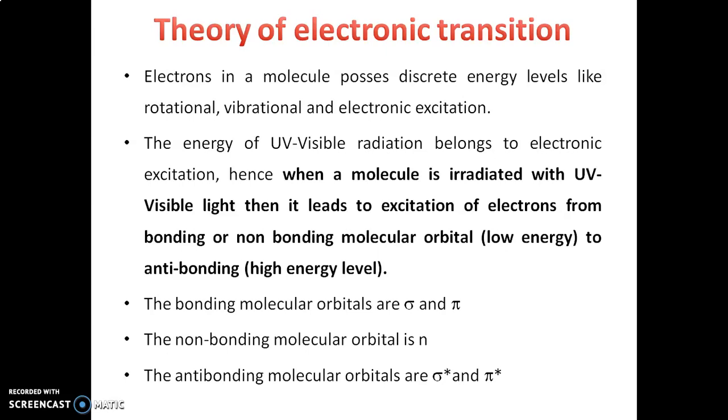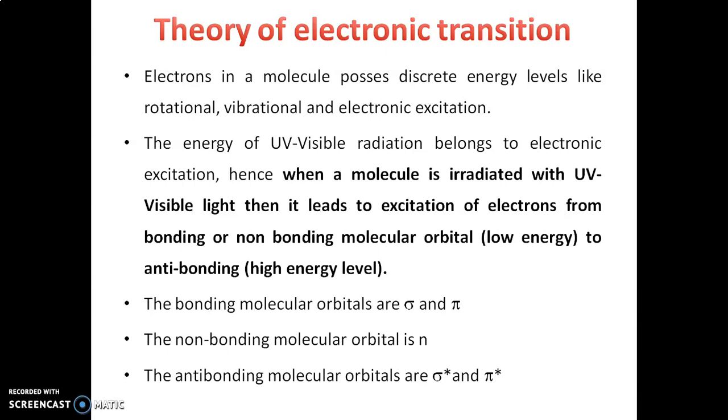I will again repeat this. When molecules are irradiated with UV visible light, this UV visible light gets absorbed by that molecule. Then the electrons from the ground energy level or low energy level get excited to the higher energy level, and this excitation of electrons from lower energy level to the higher energy level is called the theory of electronic transition.